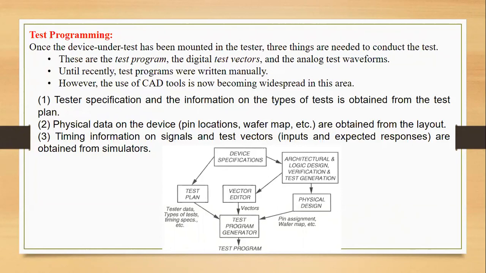To say it in a simple way, for example, if you have one processor, to check the processor you have to know the instruction set, right? That is the basic thing of the processor to be known.